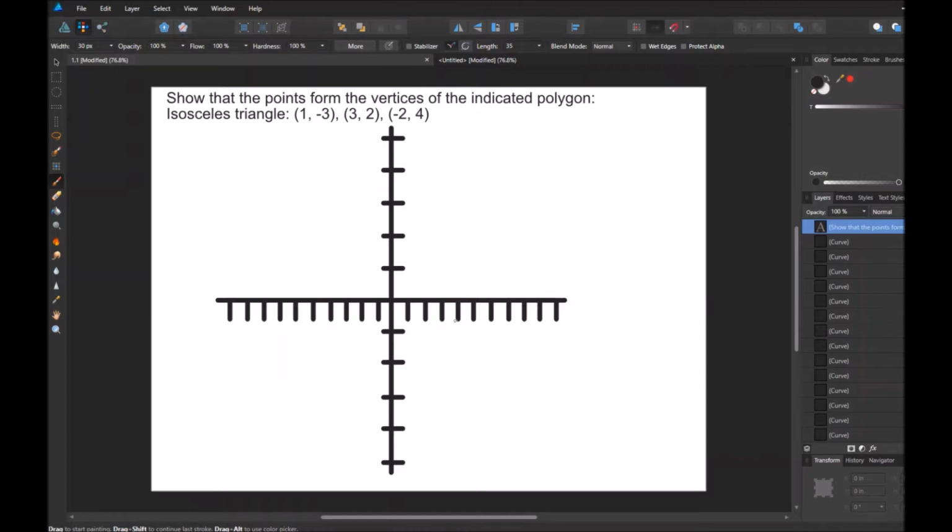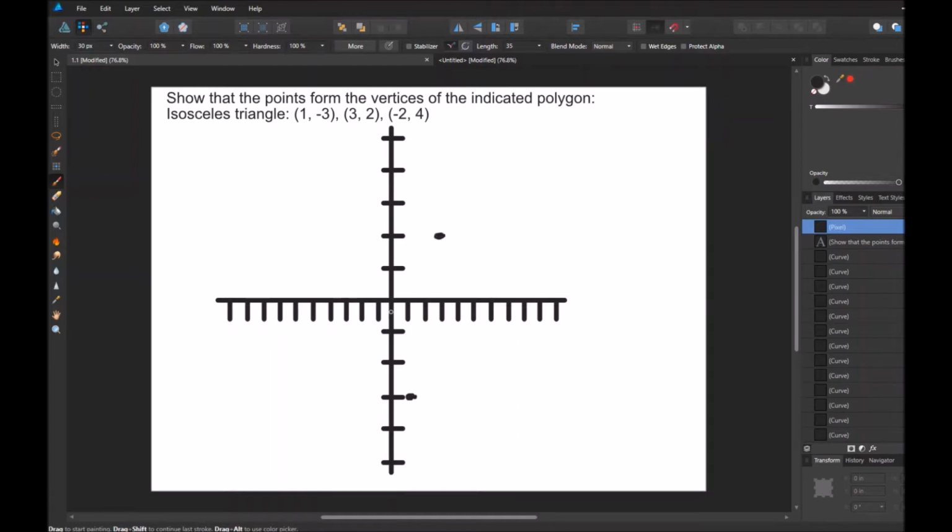So first we're going to graph it, and then we're going to see how we should go from there. So the point 1, negative 3, we move over from the origin by 1 and then go down by 3. So that's 1, negative 3. And then we have 3, negative 2, so we go to the right 3 and up 2.